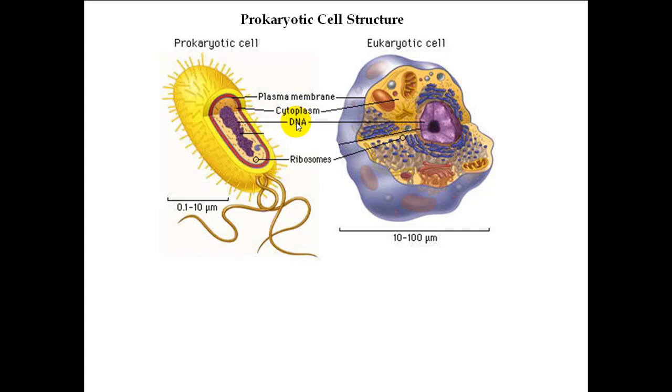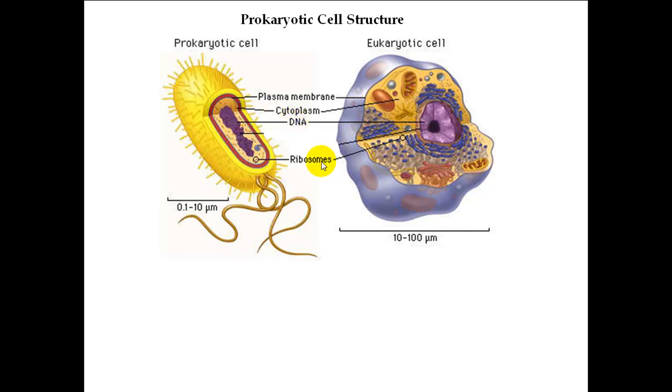All cells have DNA as their genetic material. You might remember that in eukaryotic cells, the DNA is surrounded by its own membrane, right? So there's a nucleus in eukaryotic cells. On the other hand, in prokaryotic cells, the DNA is just free-floating, right? It's not surrounded by its own membrane. In other words, you don't see a nucleus inside of prokaryotic cells.